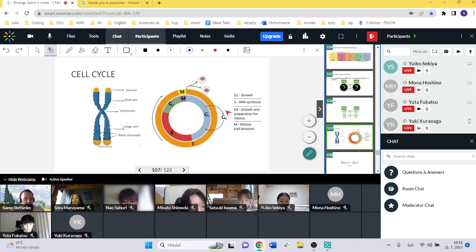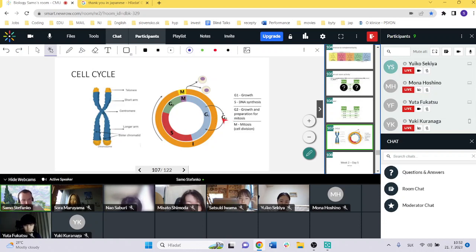Nevertheless, there are cells which can stay in G0 and exit the cell cycle. What does it mean? Basically, a lot of cells in adult organisms are in G0 phase. So they are not preparing, growing, or undergoing any processes in order to get to cell division. There are two groups of cells.